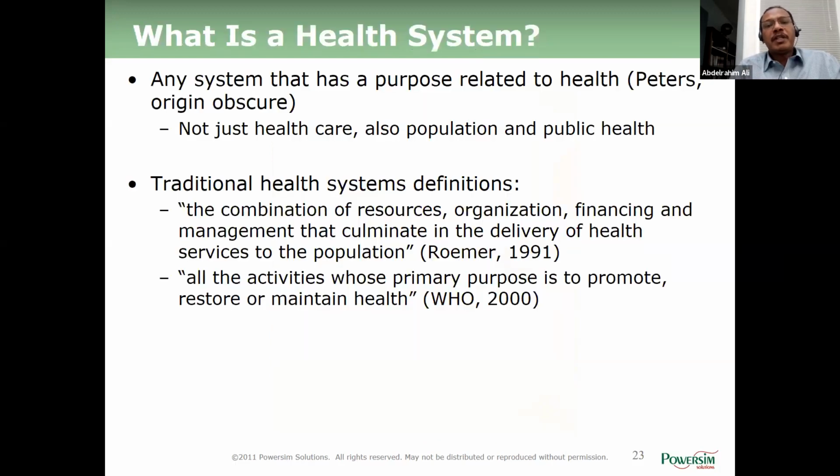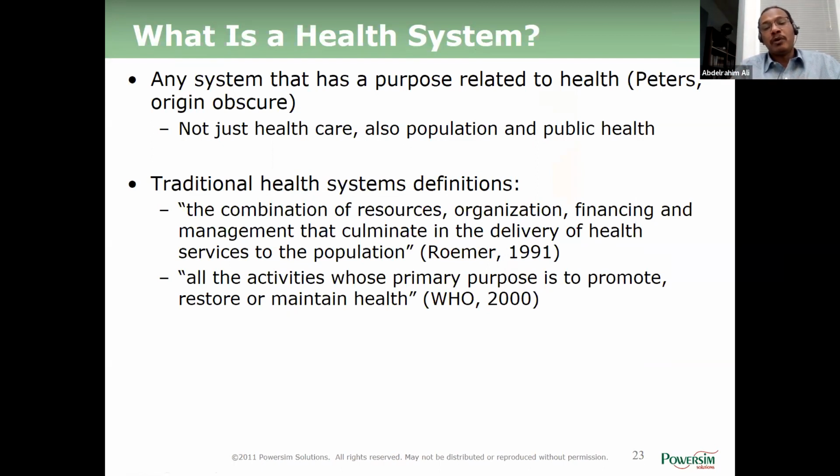The health system definition is not just that system which is related to health. It's not just the care of health. Also, population health and public health are part of the health system. So the traditional definition is that the health system is a combination of resources, organization, financing, and management that culminate to deliver the health service to the population.